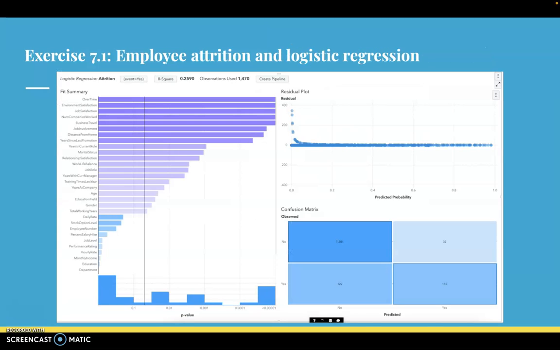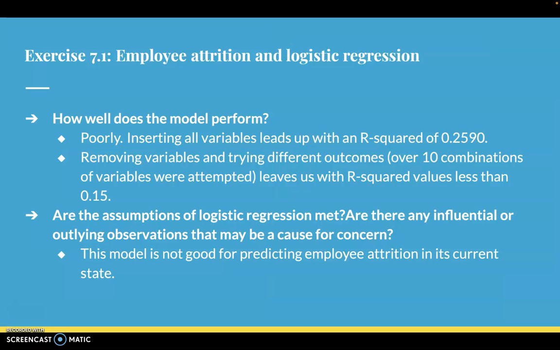Coming back to this slide, you can see that our R squared value was 0.259, which is not great. So it doesn't really perform extremely well. All the variables left us with an R squared of 0.259, which means that 25.9% of the data could be accurately predicted with this model.